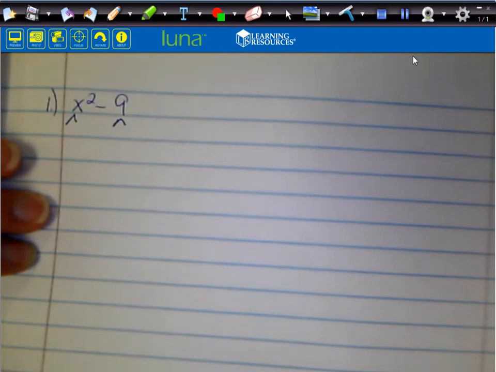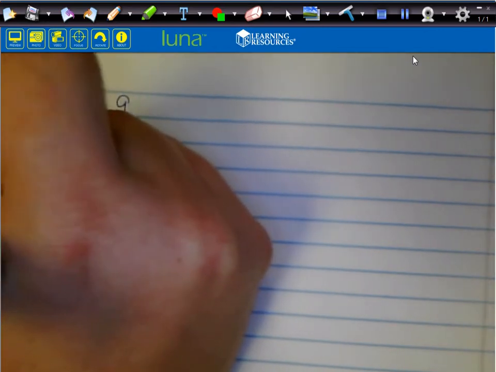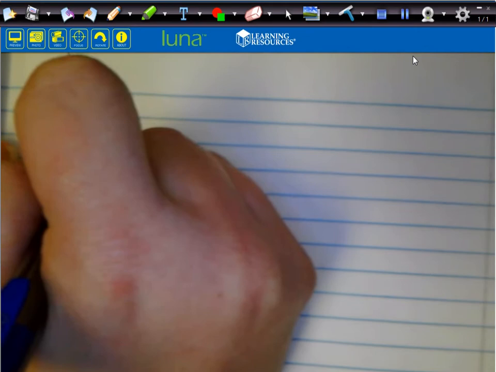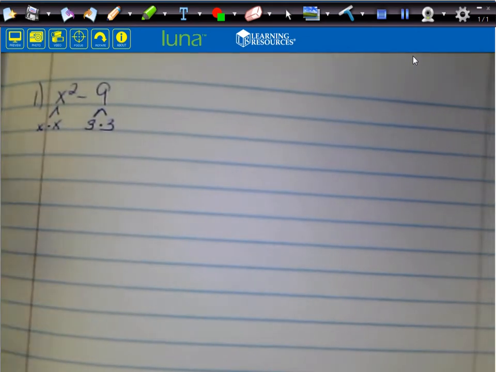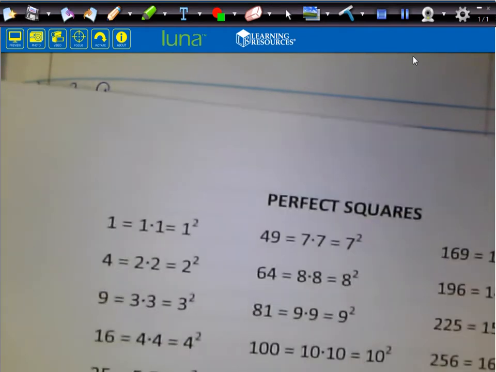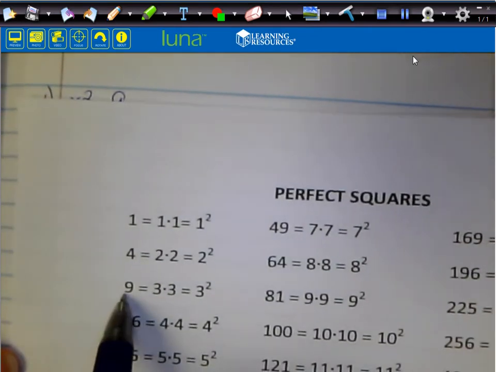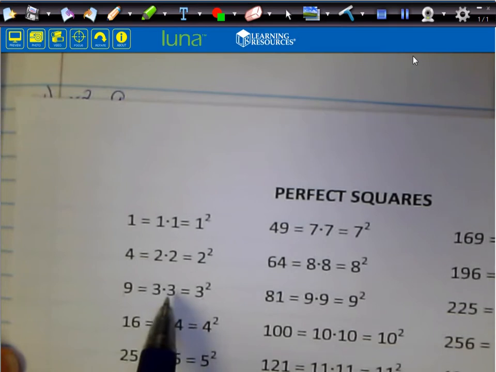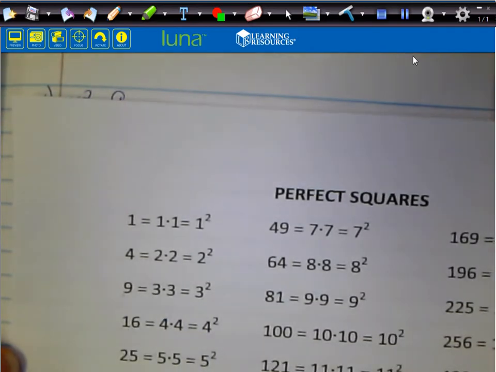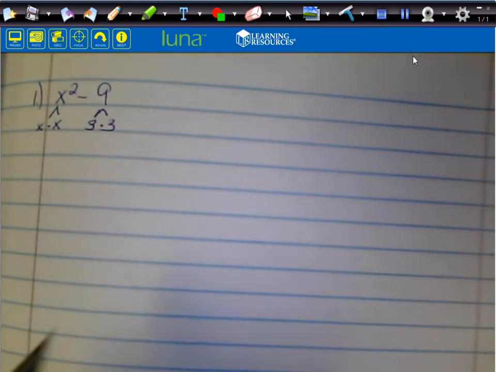So I'm going to split my x squared up into x and x, and my 9 up into 3 and 3. And if I'm not sure if 9 is a perfect square, I can look at that handout that we gave you, and you can see that 9 is a perfect square of 3, because 3 times 3 is 9. So 9 is a perfect square. That's where I got my 3 and 3 from.